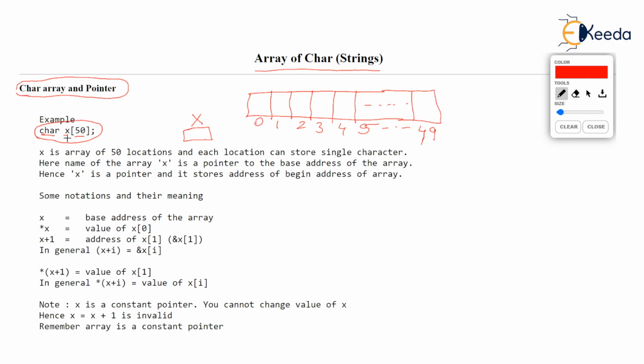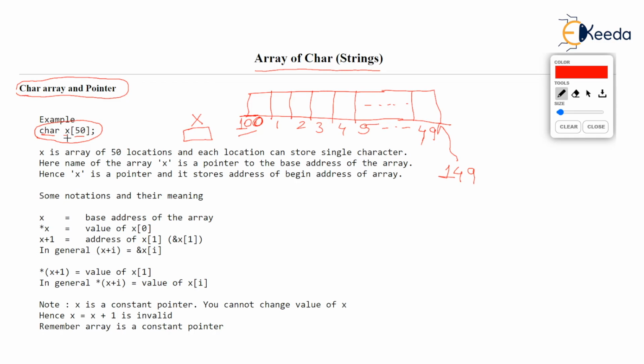If this array starts at location 100, let's say 100 is the address where the array starts. Base address is 100, so obviously the last address will be 149. These are the addresses, assuming every character consumes only 1 byte, so 100 is the place where the first character is stored, 101 is the place where the second character is stored, and so on.